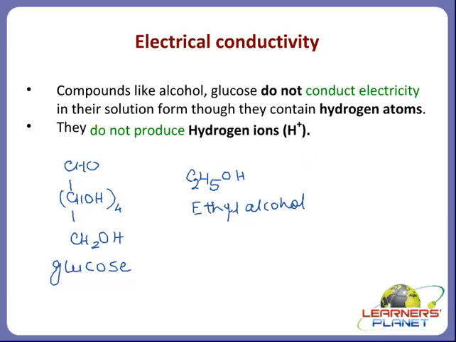Why are they not producing ions? Because they are not ionic compounds. As these are not ionic compounds, they will not give any ions.